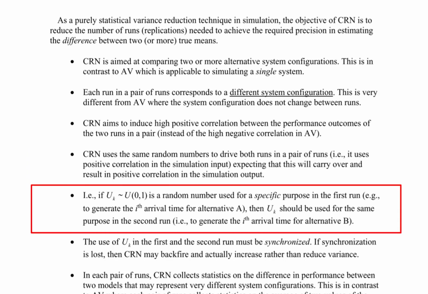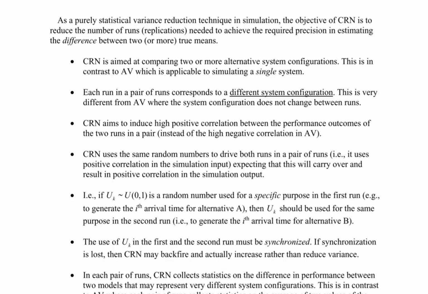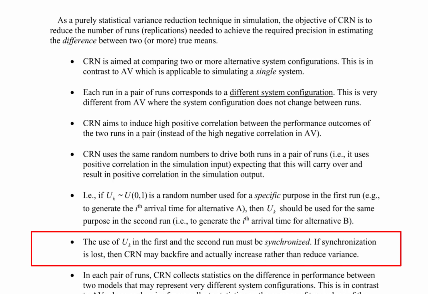That is, if U sub k is uniformly distributed and it's used for a specific purpose in the first run, for example, to generate the ith arrival for alternative A, then U sub k should also be used for the same purpose in the second run, that is, again, to generate the ith arrival time for alternative B. The use of U sub k in the first and the second run must be synchronized. If synchronization is lost, then common random numbers may actually backfire and actually increase rather than reduce the variance.